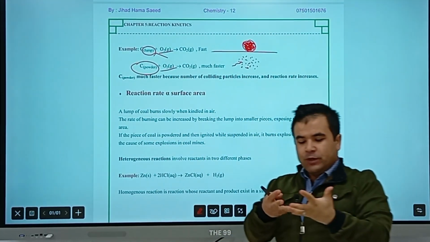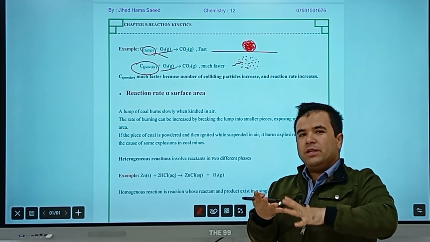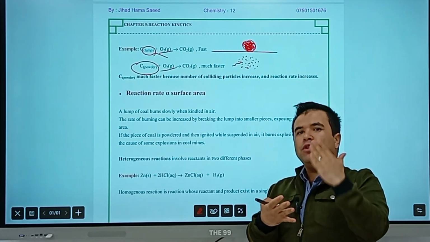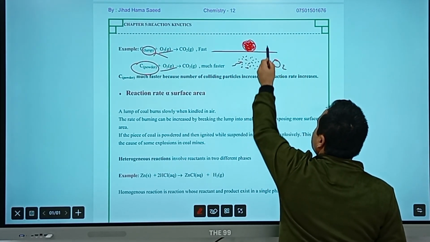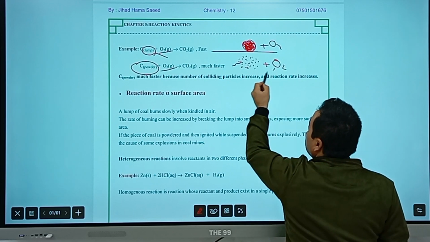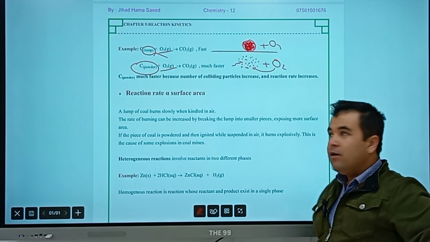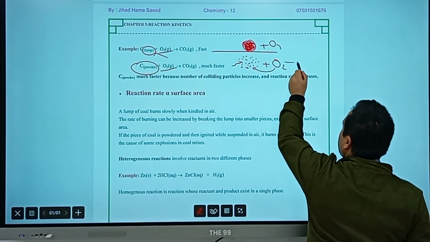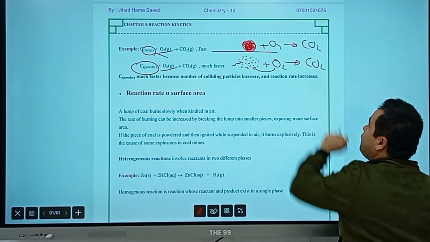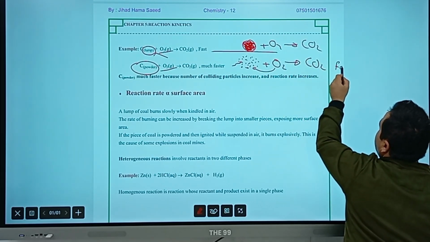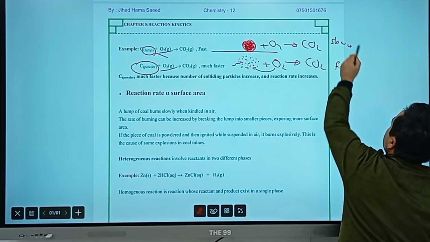Of course, as we smash the lump of carbon, there will be a higher surface area in contact with the oxygen. That's why a higher surface area for the oxygen lets the collision frequency be more, and the collision efficiency as well. As the collision efficiency becomes more, the rate of the formation of CO2 becomes faster, and here slower compared to the second.